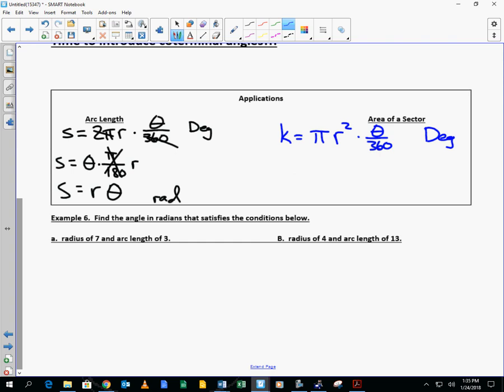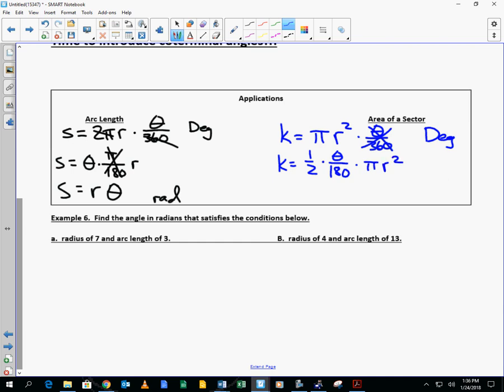Now you notice that in the other one I had a pi over 180. Well, do we have a pi in this problem? Was it over 180? No, so I could rewrite it as K is equal to 1/2 times theta over 180. You agree that theta over 360 would be the same as 1/2 times theta over 180? Okay, so I got rid of that, and now I have pi times r squared.